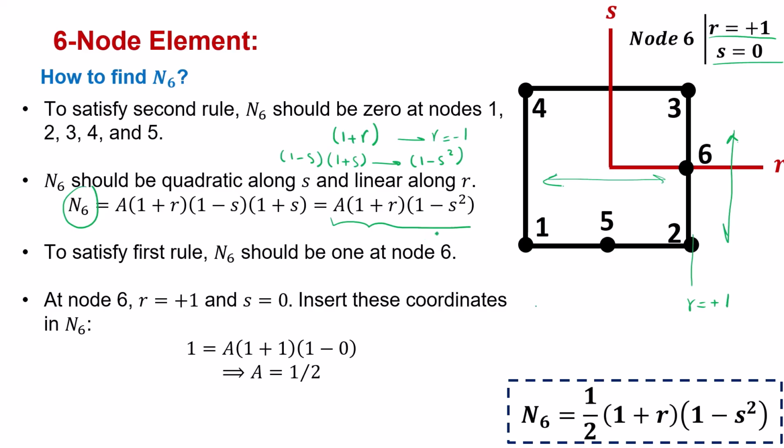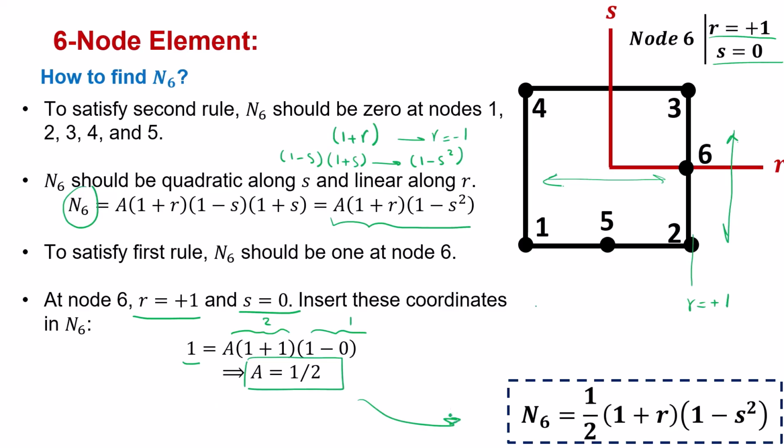Now apply the first rule. At node 6 itself, when r is equal to 1 and s equal to 0, substituting these values gives us 1 should be equal to a times (1 plus 1), which is 2, and (1 minus 0), which is 1. So that gives a equal to 1/2.